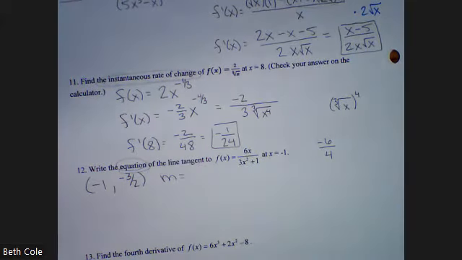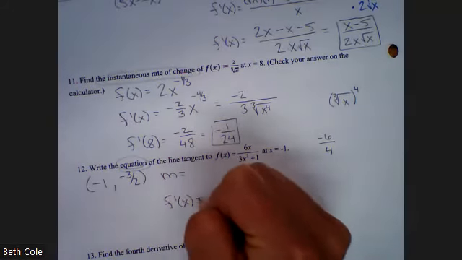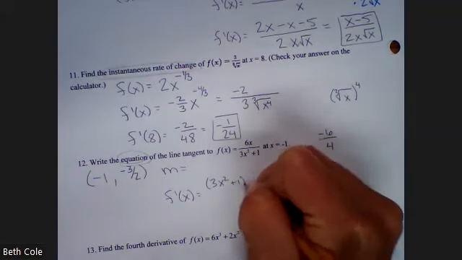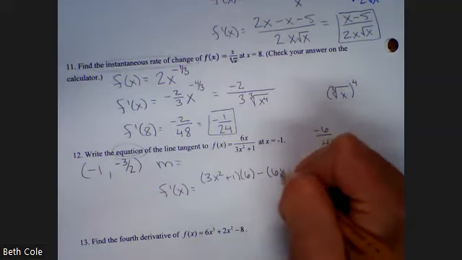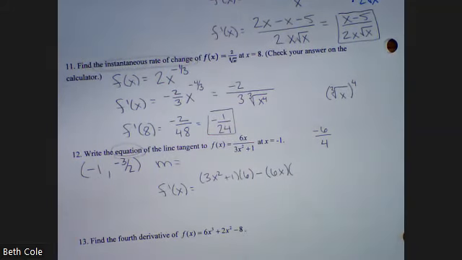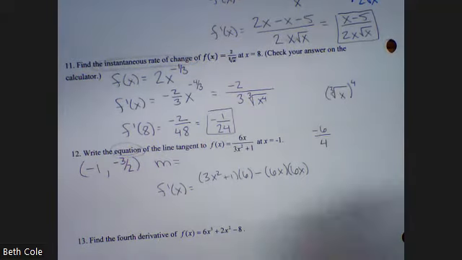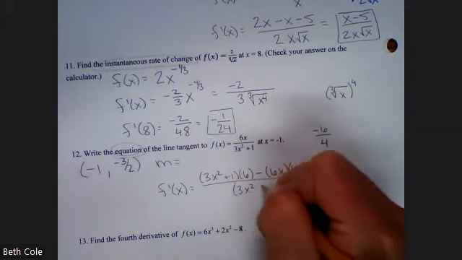Slope comes from derivative. Derivative means slope. What rule do we need for this one? Quotient. All right, denominator times derivative of the numerator, which is 6, minus numerator times derivative of the denominator would be 6x, over denominator squared.